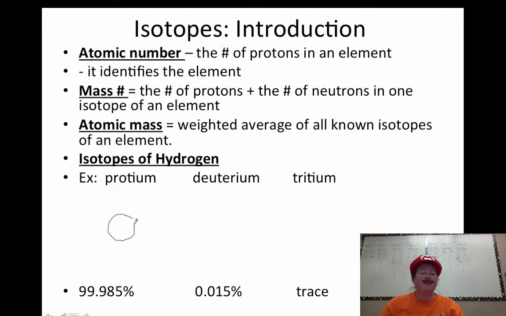I'm going to draw the nucleus of each of these hydrogen isotopes. Now, one thing about the nucleus is that since this is hydrogen, they will all have 1 proton.